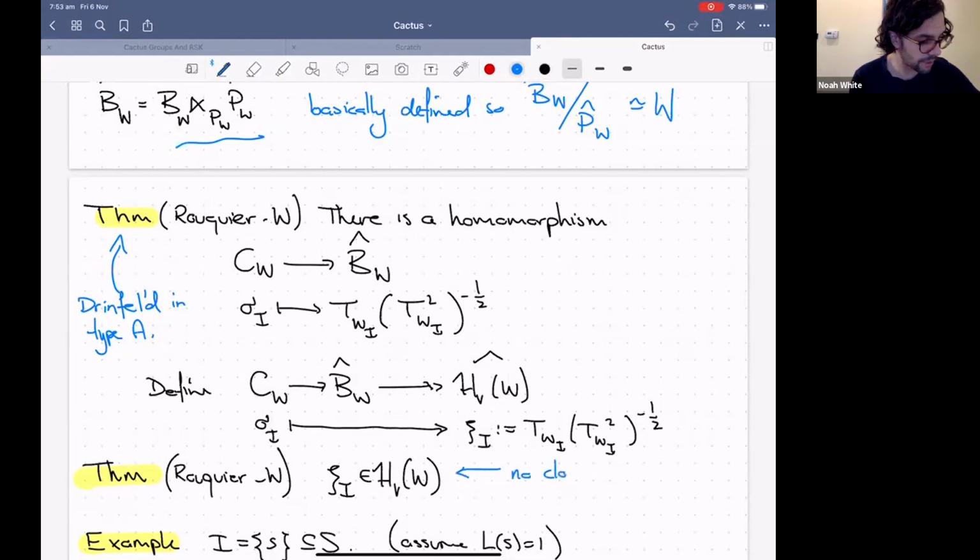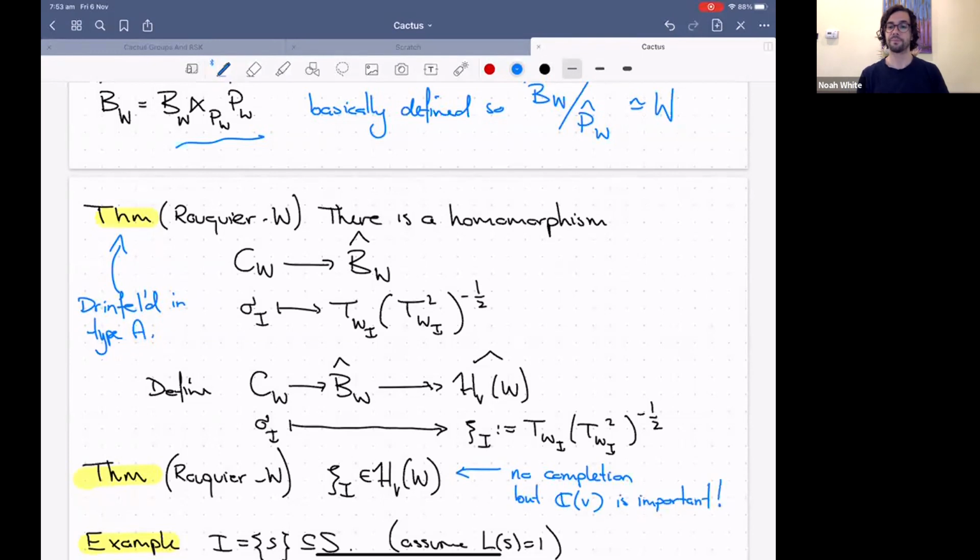So there's no completion. That's what this theorem is saying. But working in rational functions is important. So that's where this comes in.